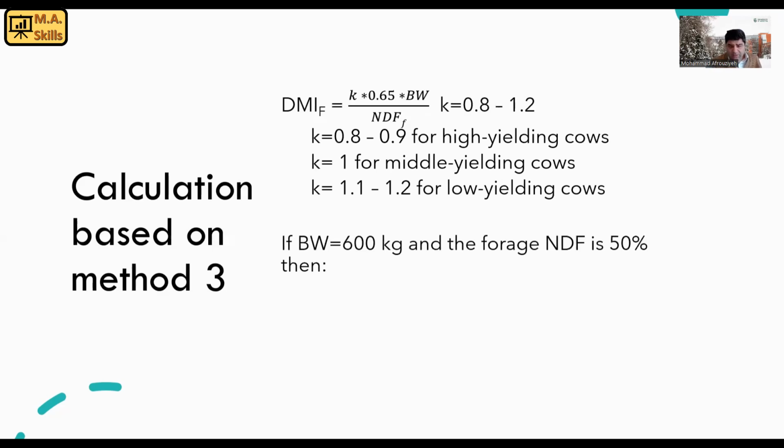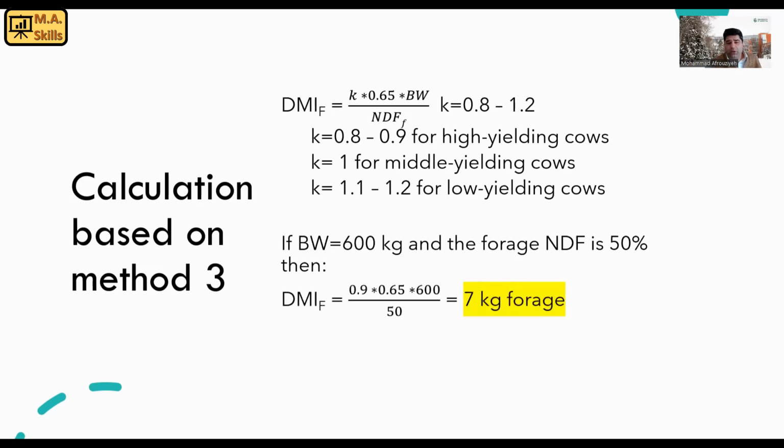So in our scenario, body weight is 600 kilos, and based on the nutrient composition of feed ingredients, we saw that our forage has 50% NDF.